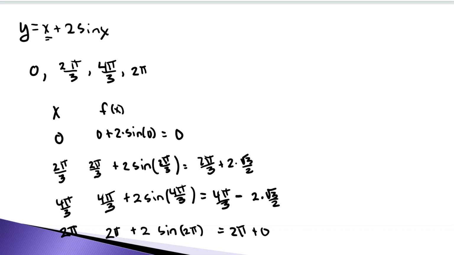Now, which of these is biggest? Obviously, 0 is not the biggest. Let's just get some calculator estimates. So 2 pi over 3 plus 2 times sine of 2 pi over 3 is about a 3.826.